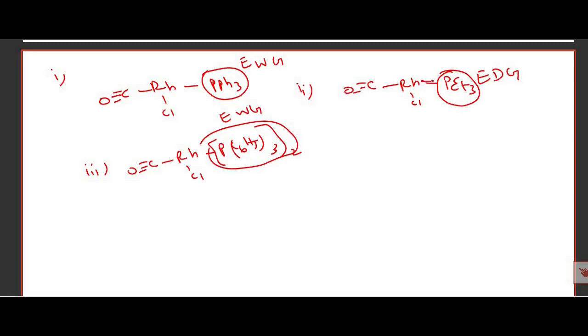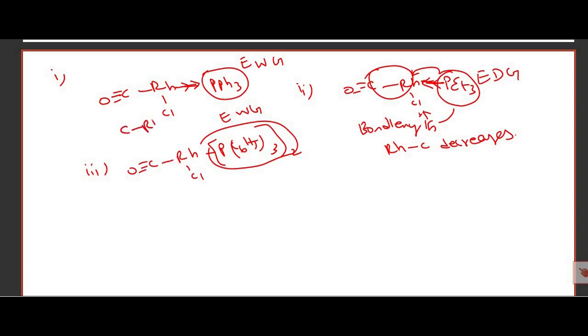In the second complex, due to the electron donating group, it donates electrons to Rh. As a result, the bond length of Rh and C decreases. Here it is an electron withdrawing group. It withdraws the electron, hence this Rh-C bond length increases.